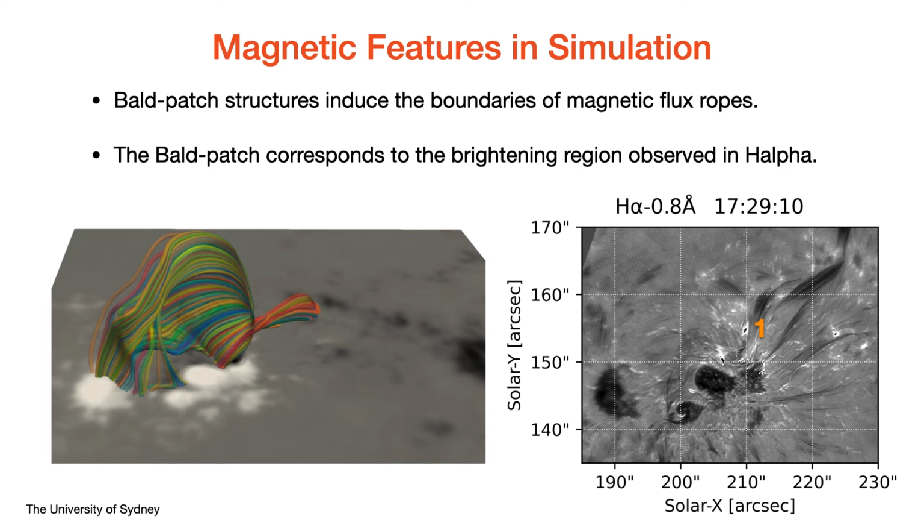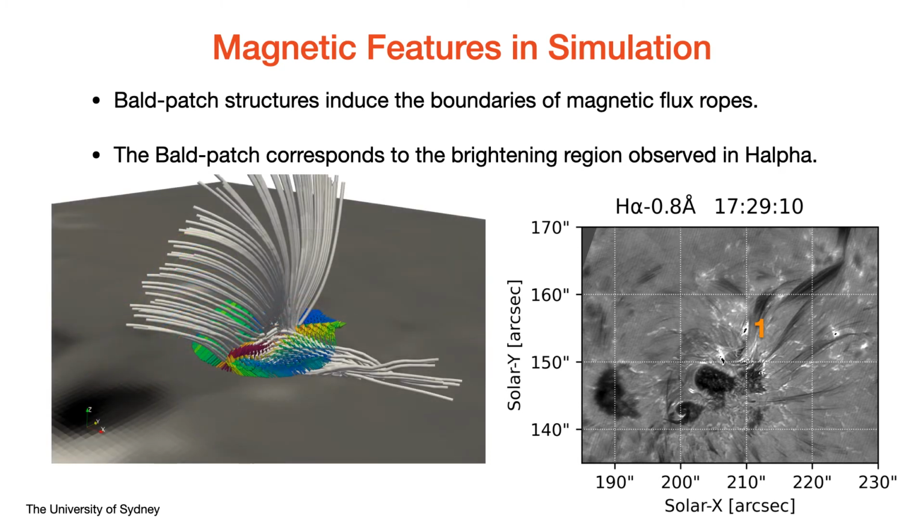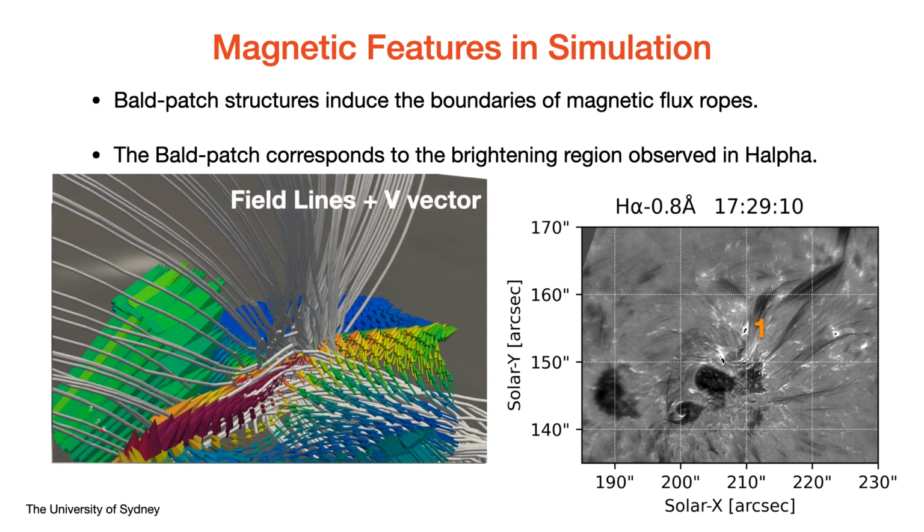If we zoom in on this structure, it just looks like a 3D null-point structure at the bottom, but after careful calculation, we do not find any null point in this region. It's only a ball patch. Then we continue to zoom in.